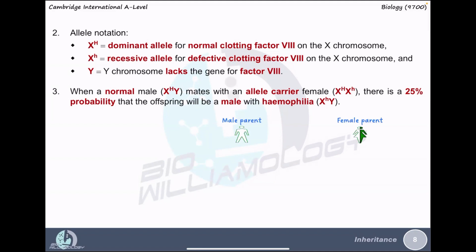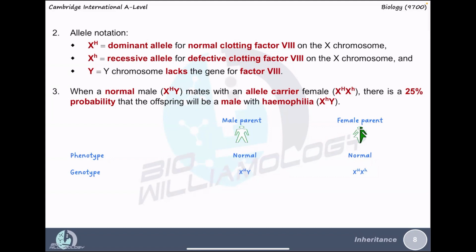The normal male and the carrier female are both normal in terms of blood clotting. Even though the carrier female has one copy of the recessive allele, her blood clotting mechanism is still normal. So the genotypes follow the statement.